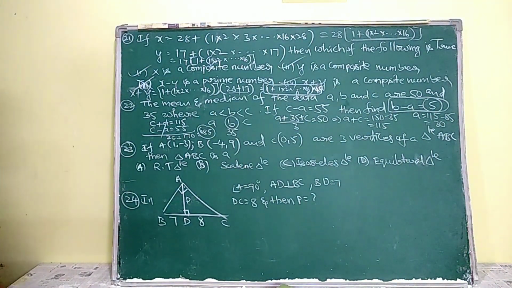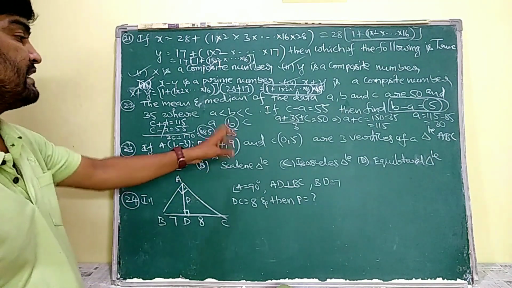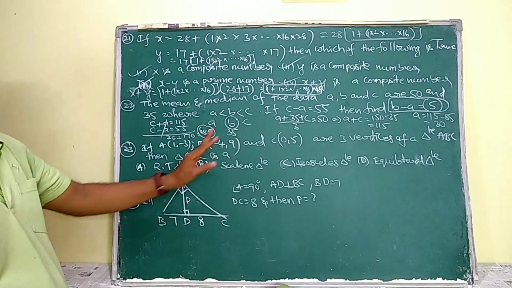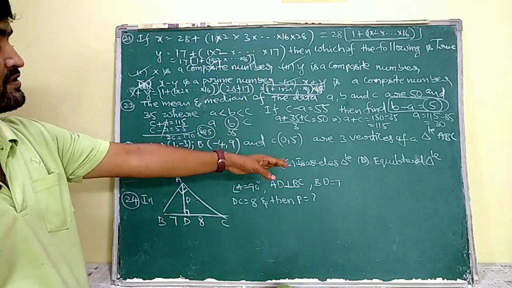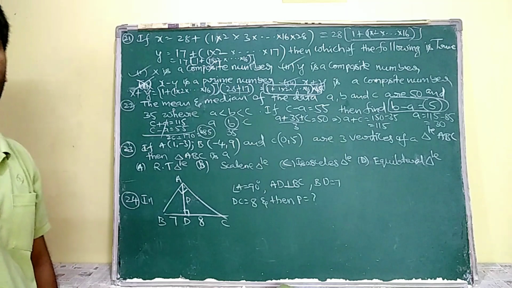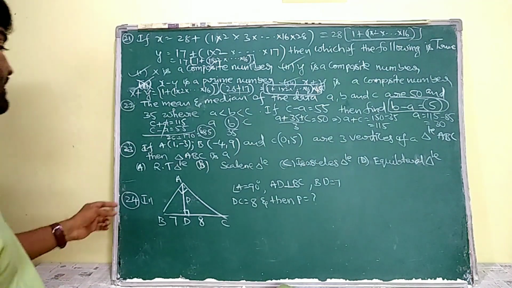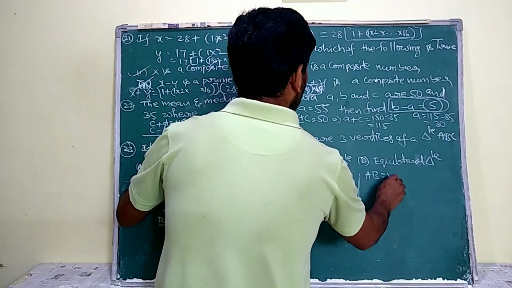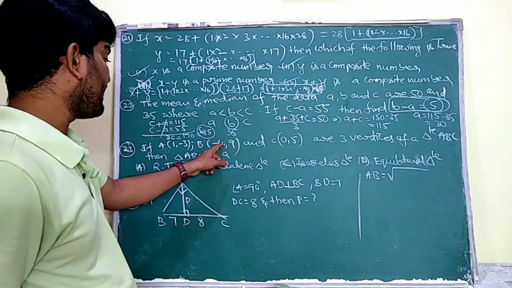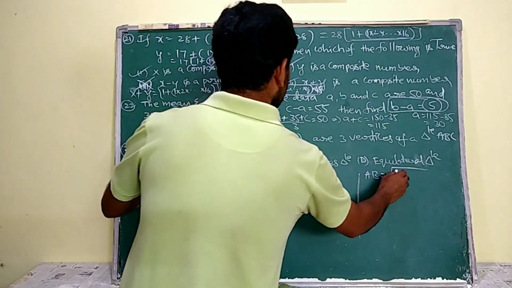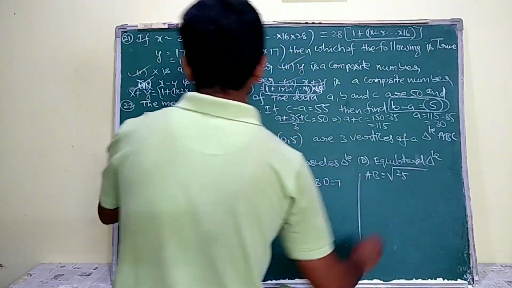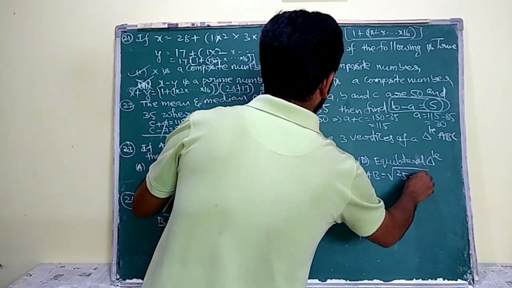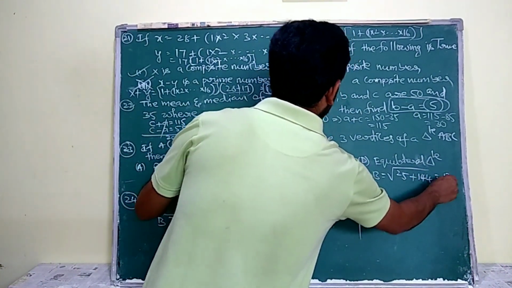Okay, remember that. Now, if A, B, C are the three vertices of a triangle, then we have to mention whether ABC is a right angled, scalene, isosceles or equilateral triangle. For that, just find the distances. What is AB? AB is root over (x2 minus x1) whole square plus (y2 minus y1) whole square, that is 25 plus 144, which is equal to 13.